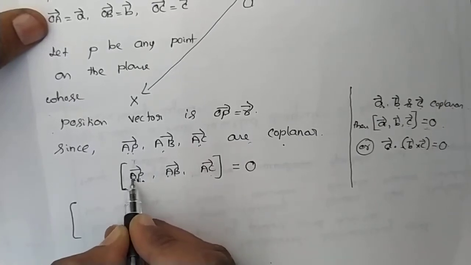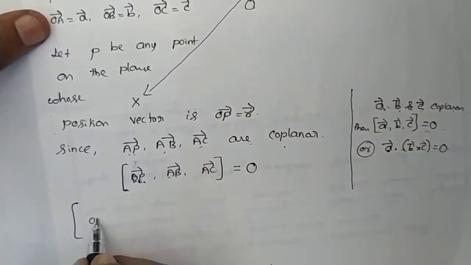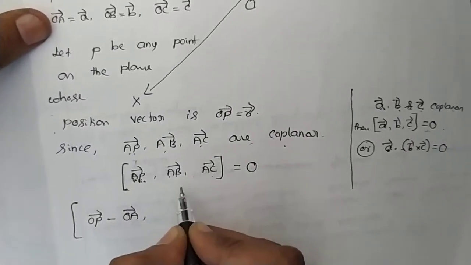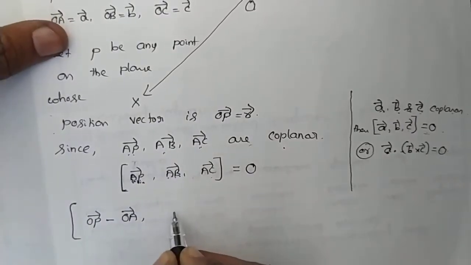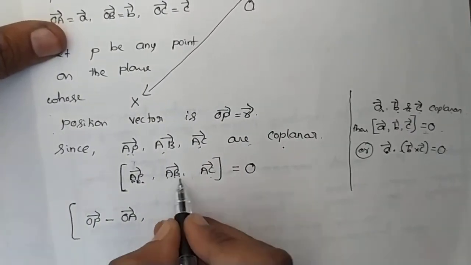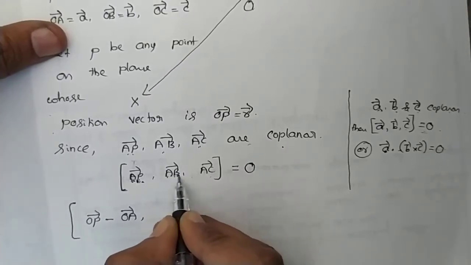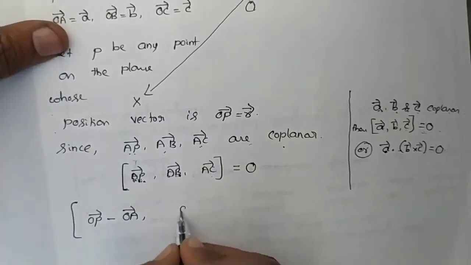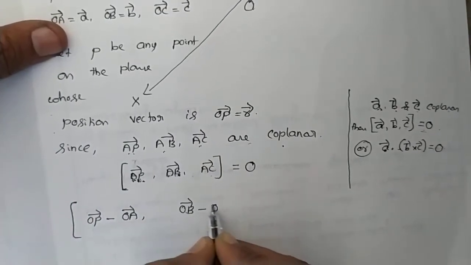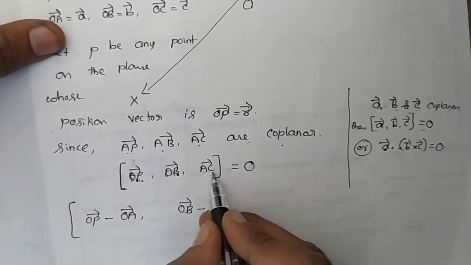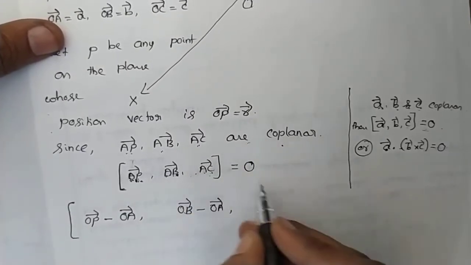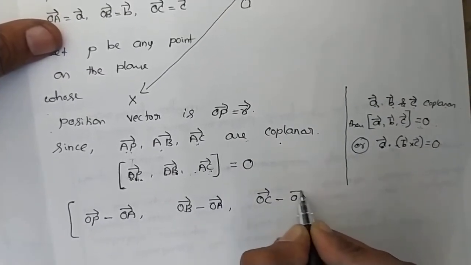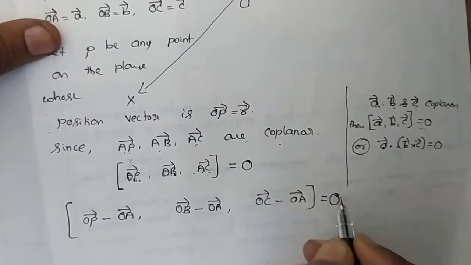Similarly, how are you going to write AB vector along with its position vector? OB minus OA. AB vector is B minus A, OB vector minus OA vector. Next, AC vector, OC vector minus OA vector, equals 0.